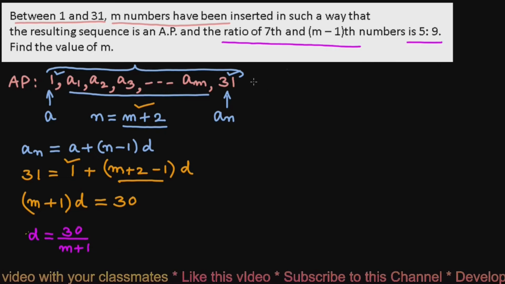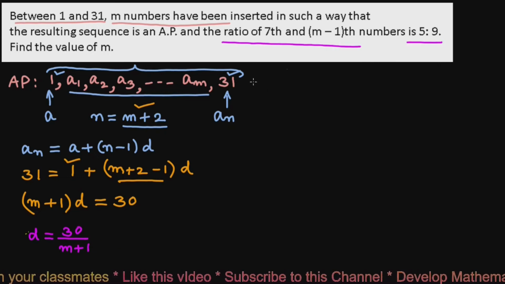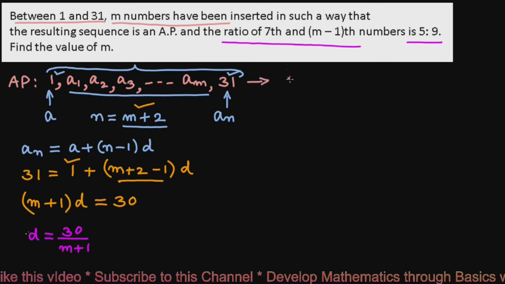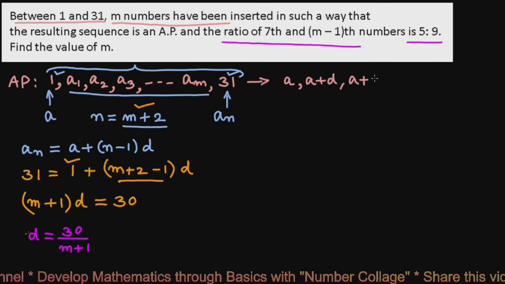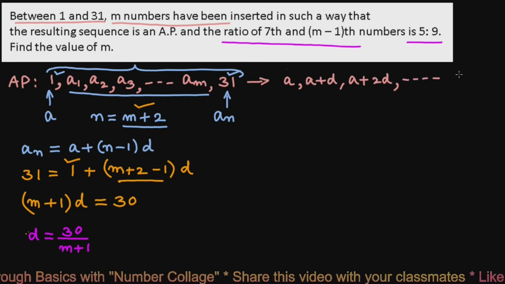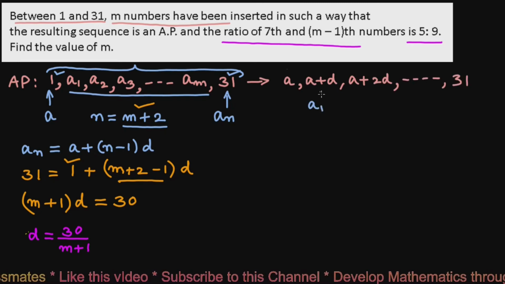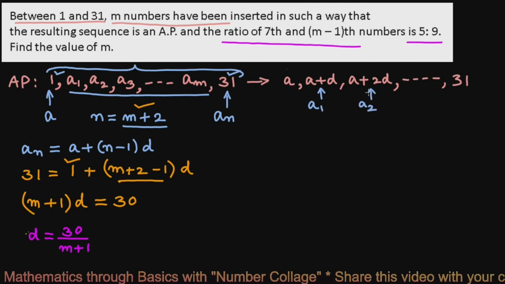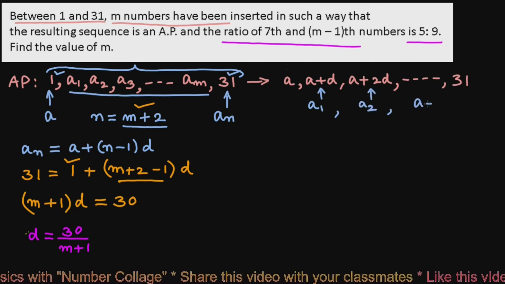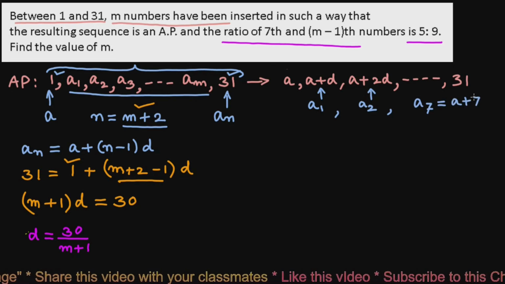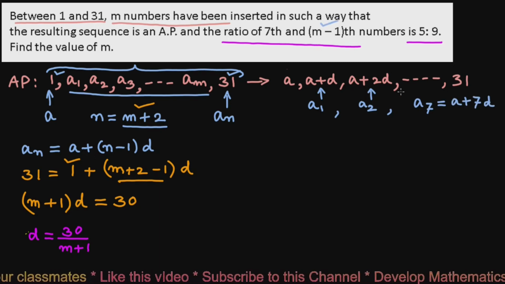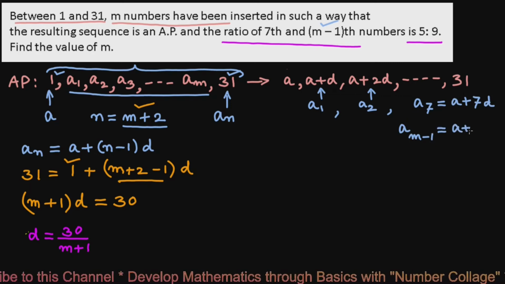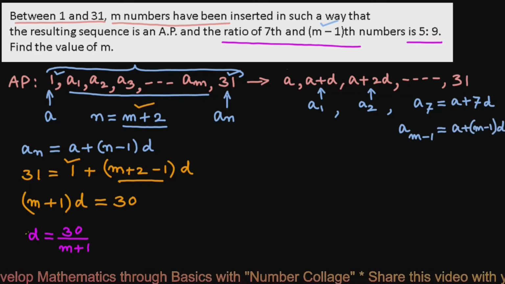In terms of first term a and common difference d, we can write this AP as a plus d, a plus 2d, so on and so forth, 31, so that a1 will be a plus d and hence a2 will be a plus 2d and hence a7 will be a plus 7d and m minus 1th term will be a plus m minus 1 into d.